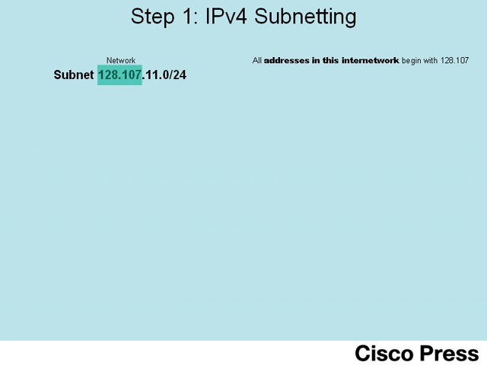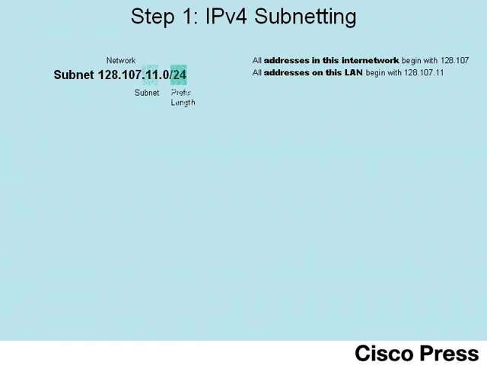So all addresses in that internetwork will begin with the network part of 128.107. Then, of course, we've got a subnet field that in this case is the whole third octet, subnet 11 in this case. And we know that now, for all addresses in that one LAN subnet on the left of this internetwork, all addresses will begin with the same combined network and subnet part of 128.107.11.